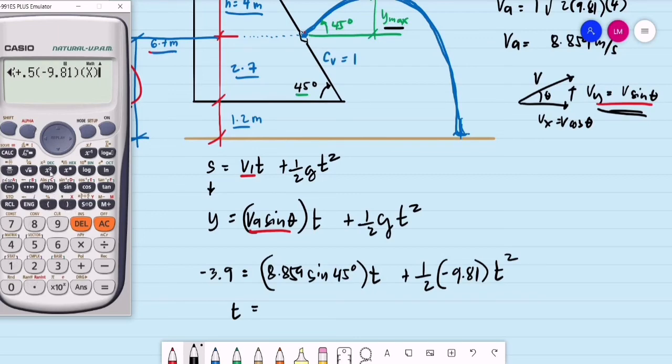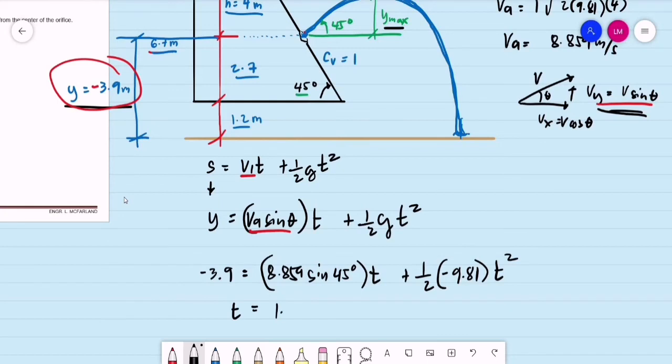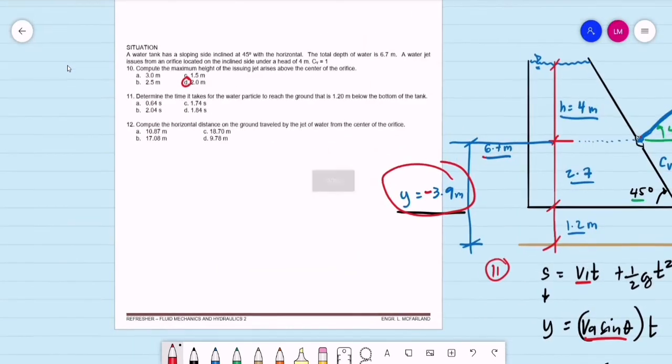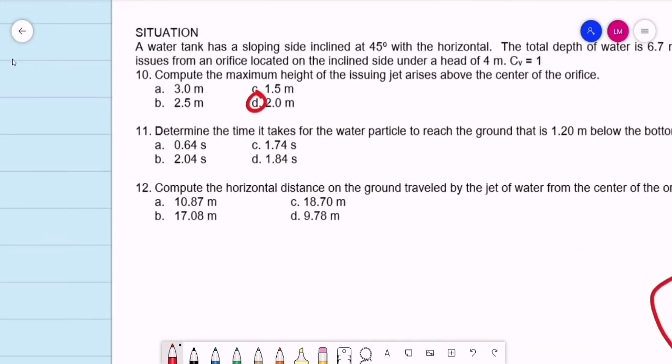So alpha x squared. So shift solve. 1.735 seconds. So check natin if we have this value. By the way, this is question number 11. 1.735 seconds. That will be letter C na tayo.